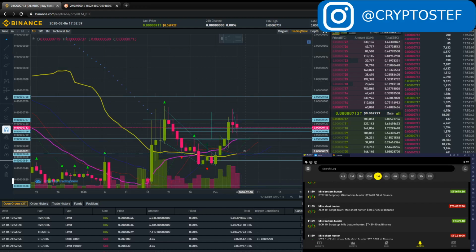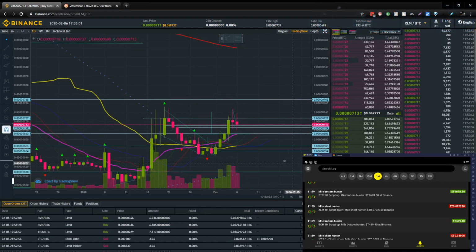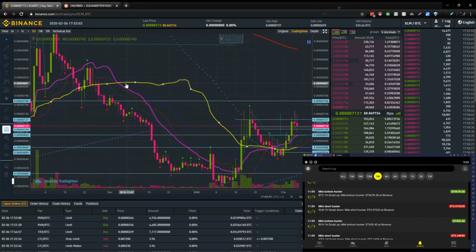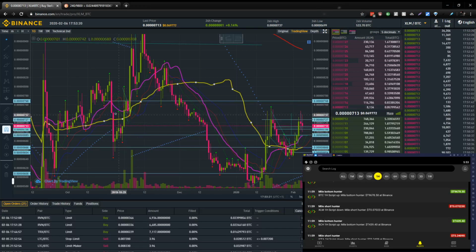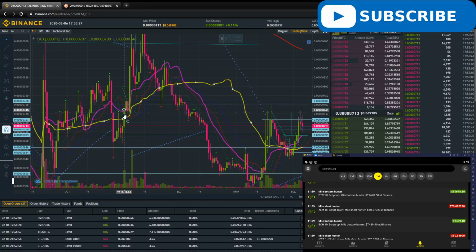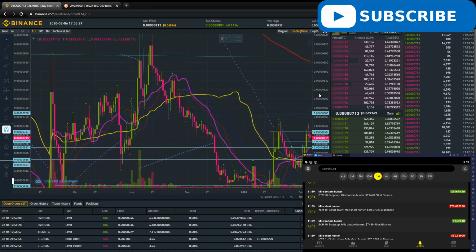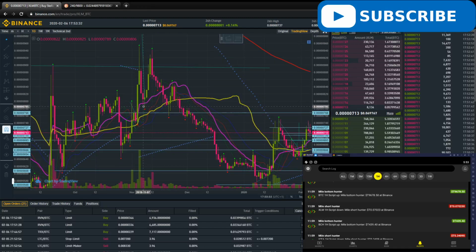The Williams alligator will give you a great buy signal. You see those are faster than the Williams alligator, but if you're trading this, you want to buy when the price crosses above this fractal. So here is your buy, and your target and exit will probably be somewhere here.